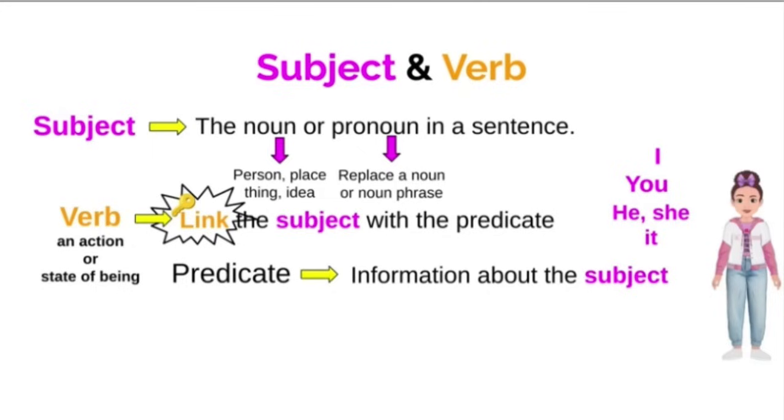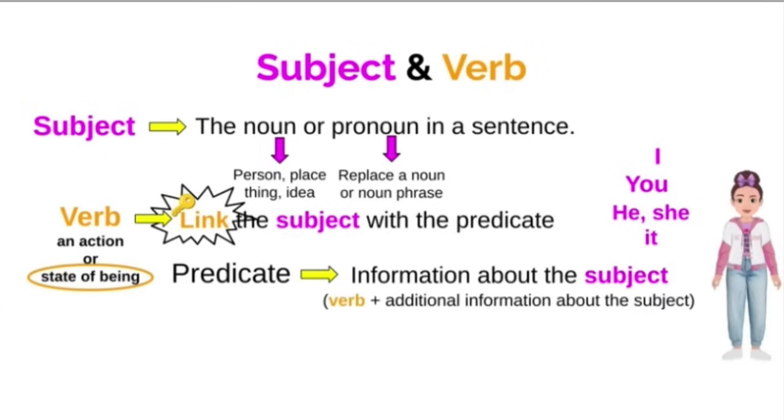It is our key word here because this type of verb is what will help us see how subject-verb agreements work. State of being verbs are connector verbs between the subject and additional information about the subject. Now, the predicate includes the linking verb and additional information about the subject.